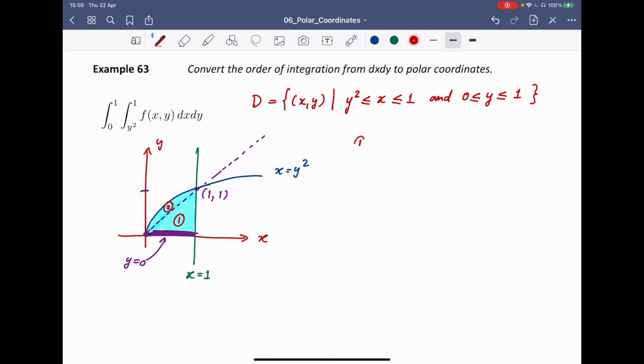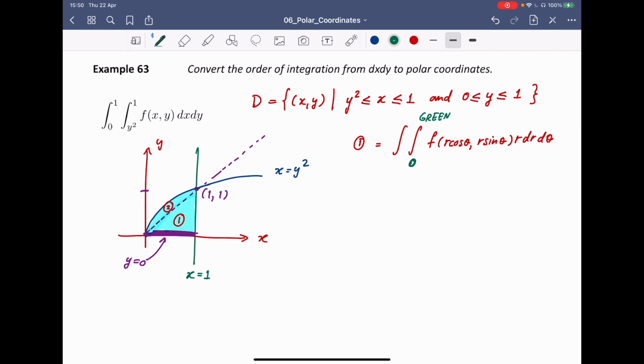So for the first piece, you're going to integrate f(cos theta, sin theta) r dr d theta. So the first one, you're going to start from the pole, which is r equal to 0, and then you go to the green one. Make sense?